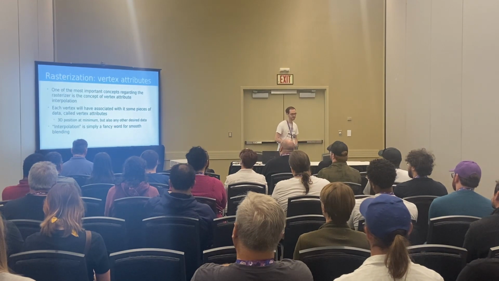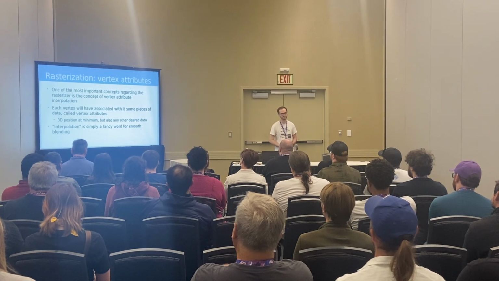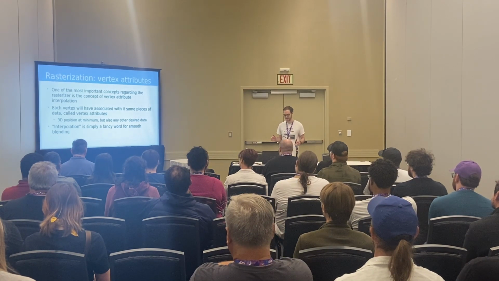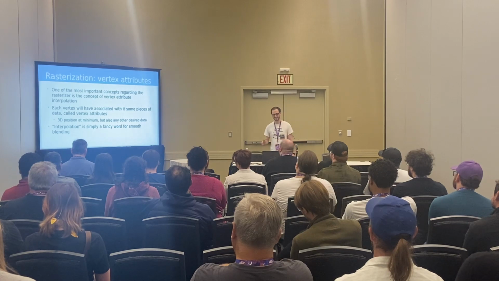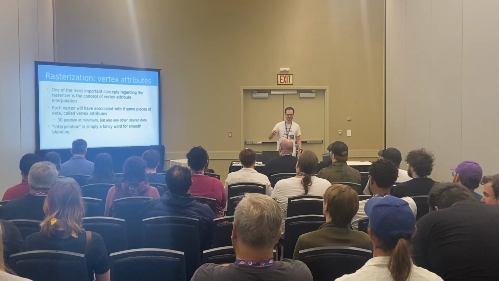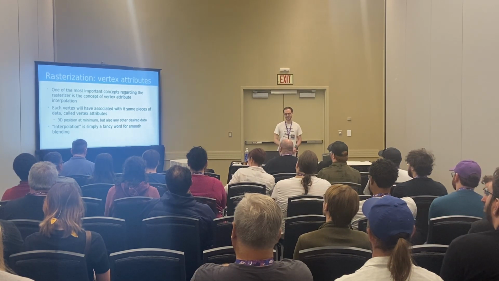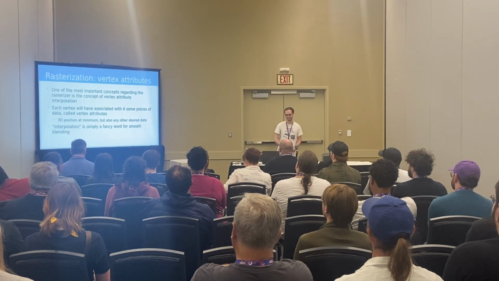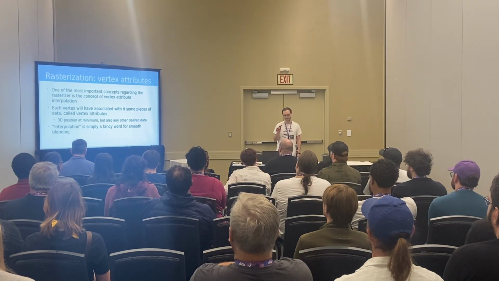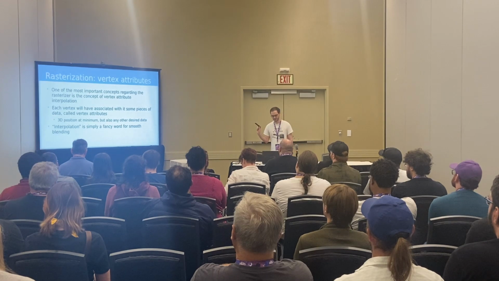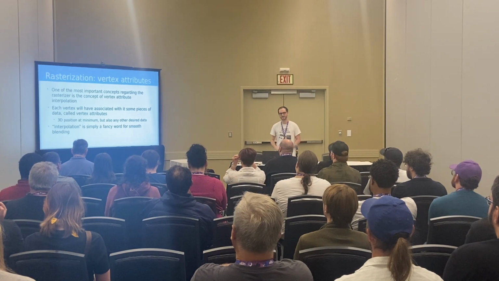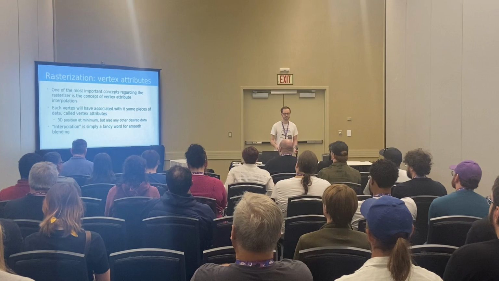But there is something important about rasterization that I do need to get into your head somehow, and that is this idea of vertex attribute interpolation. Please don't be scared by this terminology. I will try to explain. Vertices in these triangle meshes have associated with them some number of data points.